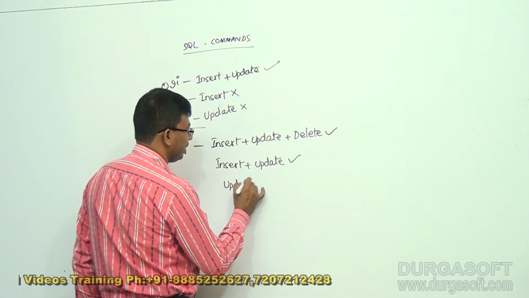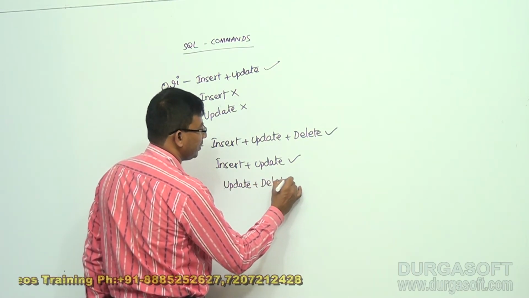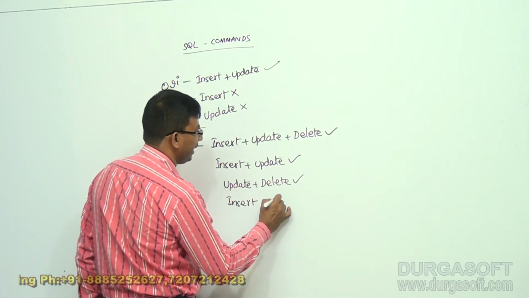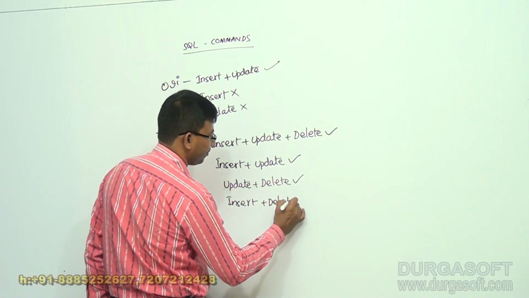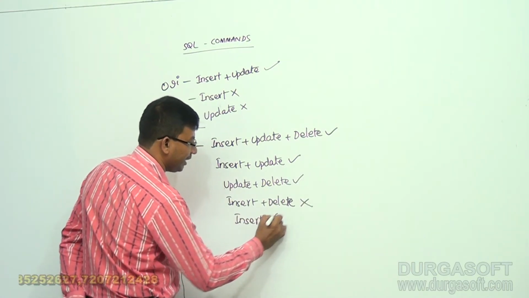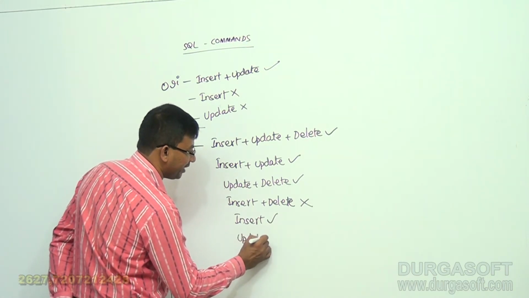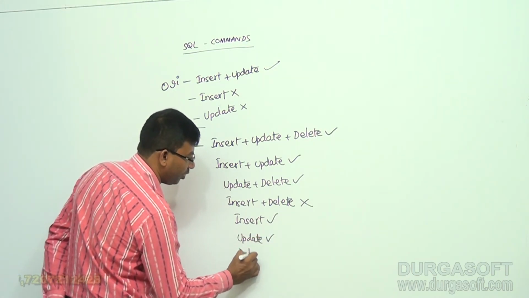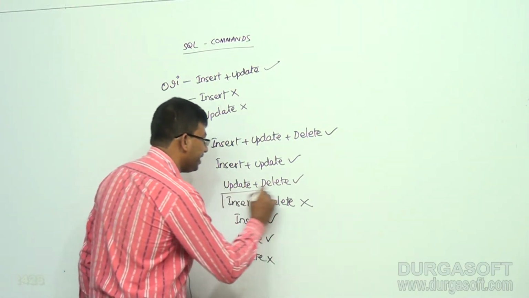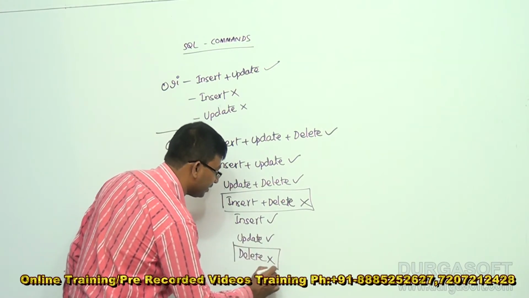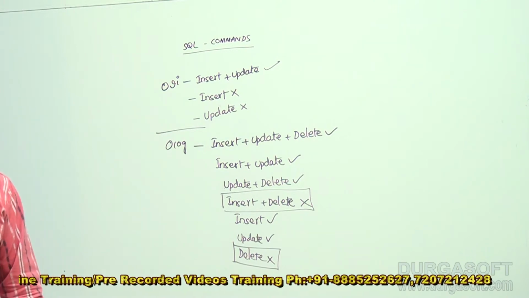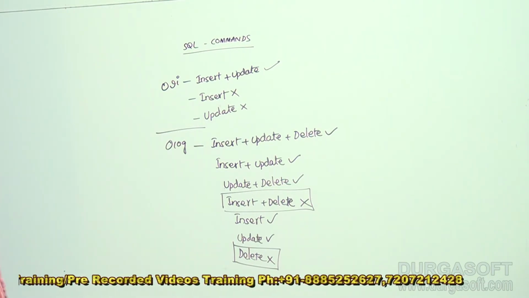Update plus delete is possible. Insert plus delete is not possible. Only insert is possible. Only update is possible. Only delete is not possible. Rest of the other combinations are possible through the merge statement from 10G onwards.